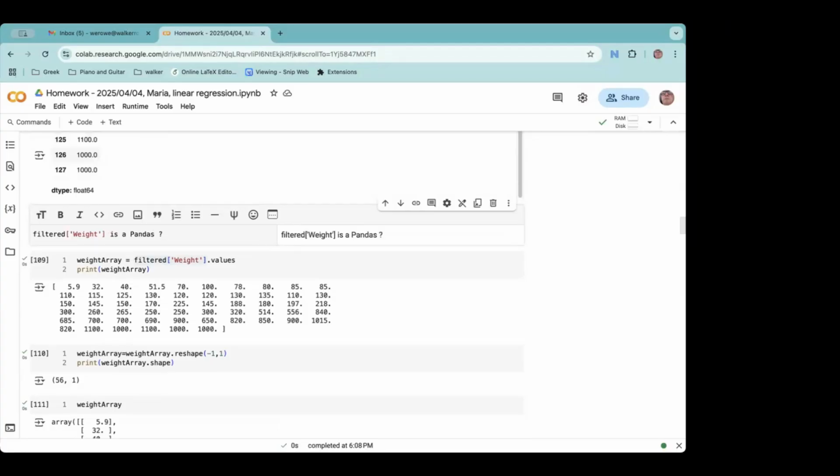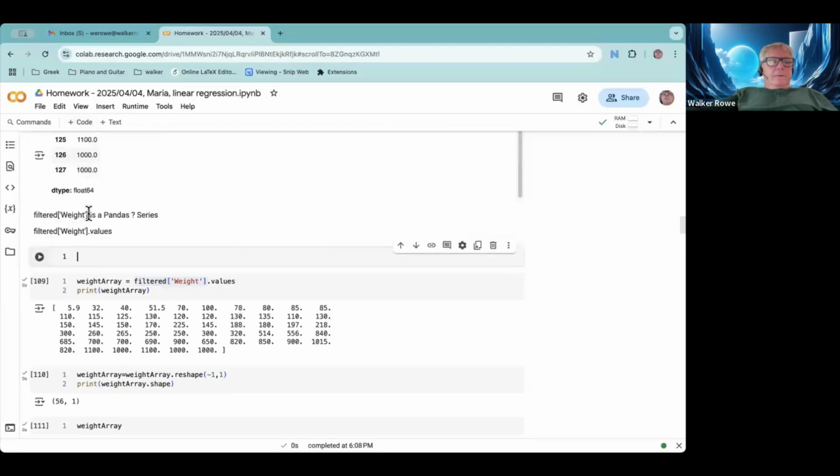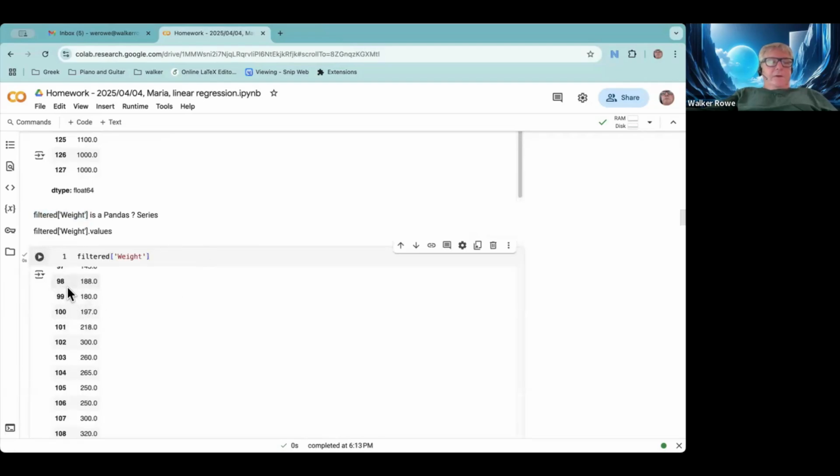Series? Correct, series. So when you go values, it throws away the index. If we were to print this out, we would see it has indexes, right? It has the numbers on the side.